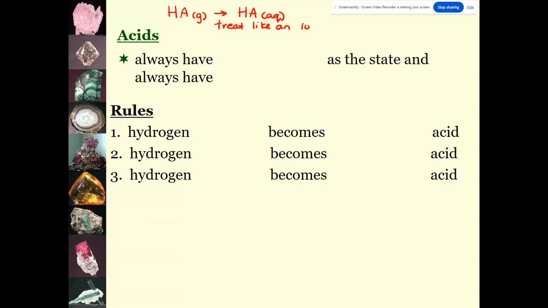In other words, when I name it, before the compound is in water, I'm going to give it an ionic compound name. Once it's dissolved in water and the state changes to aqueous, then I'm going to give it a proper acid name, which we'll talk about now. So acids again are aqueous, meaning that hydrogen compound is dissolved in water.